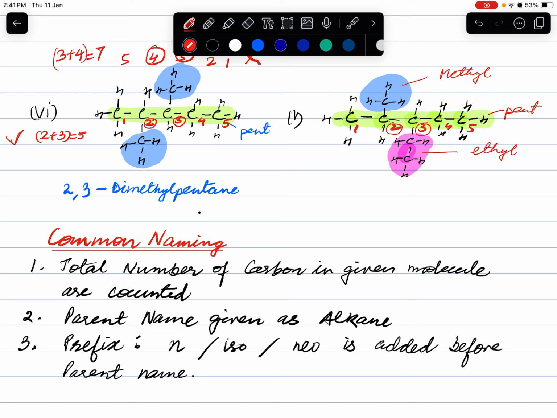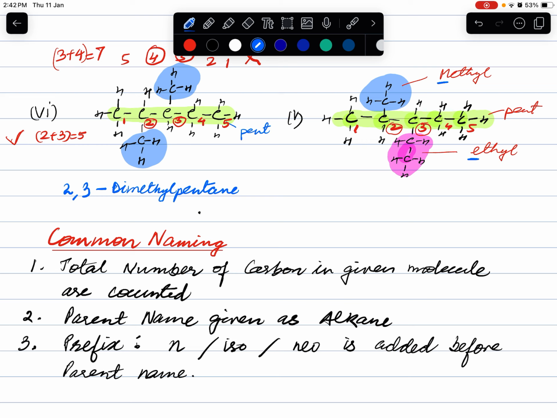Okay. Now what we have, compare your first alphabet of both the groups. Methyl starts with M and ethyl starts with E. So alphabetically E will come first and then M. So when we write down the name, we will write name of different group in alphabetical order.